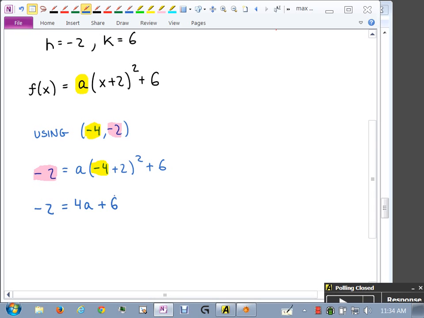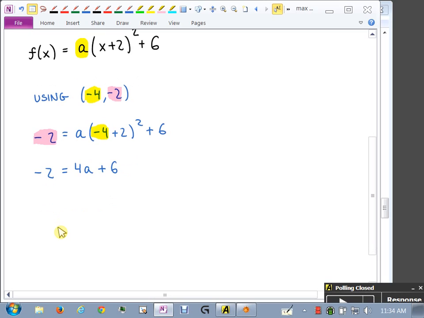Now look at this equation. It's a linear equation, right? You have a there. Can you solve for a? Yes. Subtract 6 on both sides. What do you get? Negative 8 equals 4a. Divide by 4. a is negative 2. So remember how we didn't know what a was?